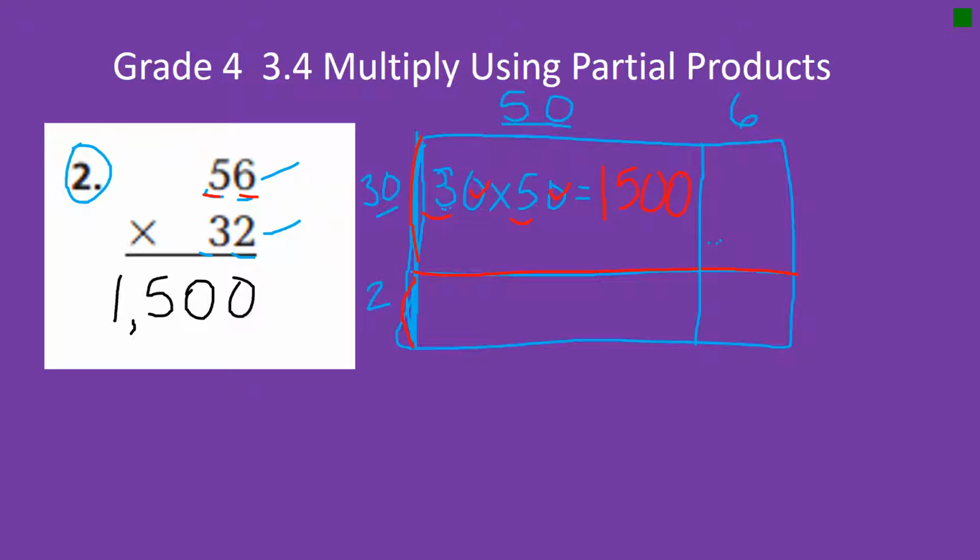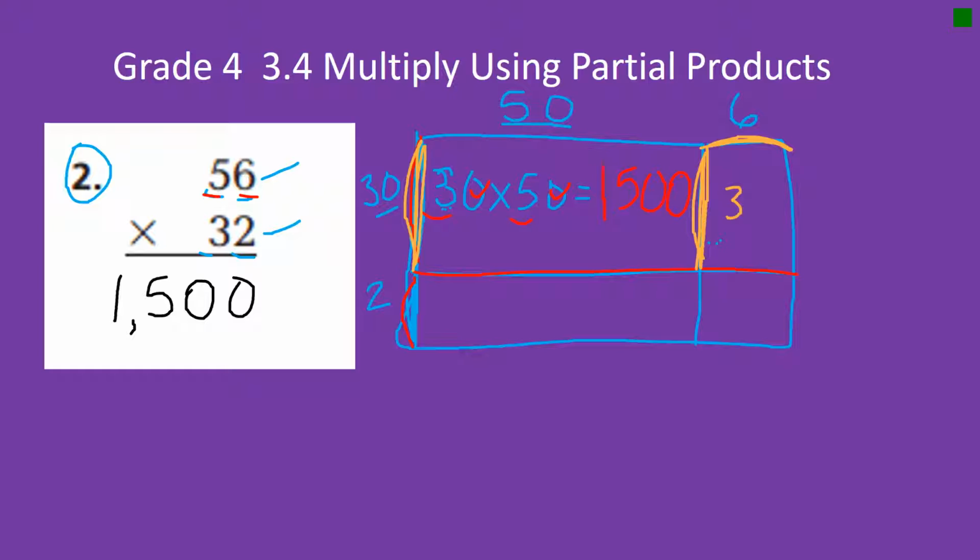Okay, so let's do this section next, right there. And you can do them in any order that you want, boys and girls. So I can see that there are 6 in each row, but how many rows are there? Think of parallel lines and the properties of a rectangle. If that's 30, then that's also 30.